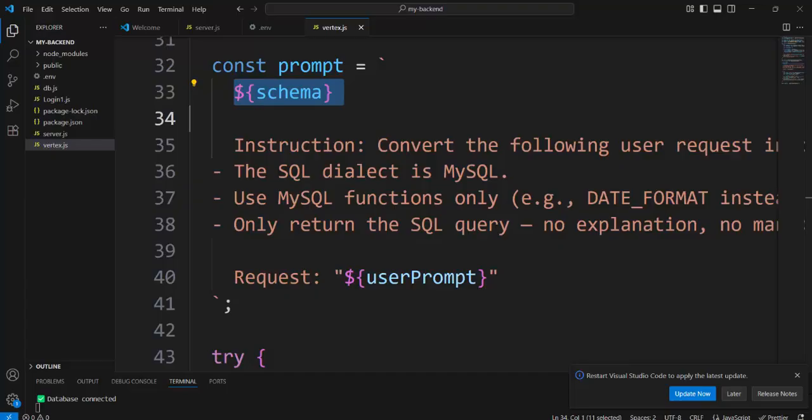More tools and more context help the brain, the LLM, which means the LLM is smarter.